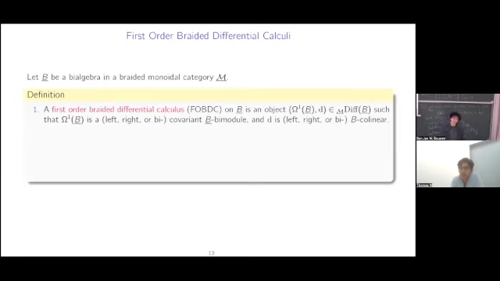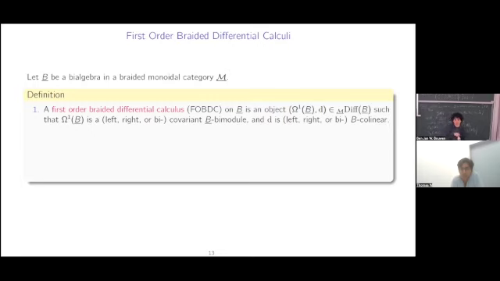So a first-order differential calculus on B underlined is an object, omega 1 B with d, inside the category that I was introducing before, such that omega 1 B is left, right, or B covariant as a B bimodule, and moreover, the differential is left, right, or B collinear.